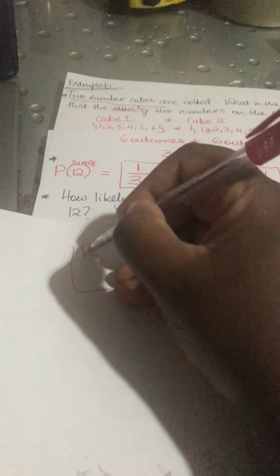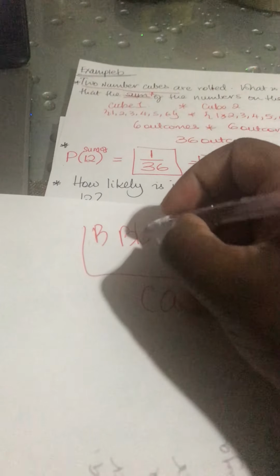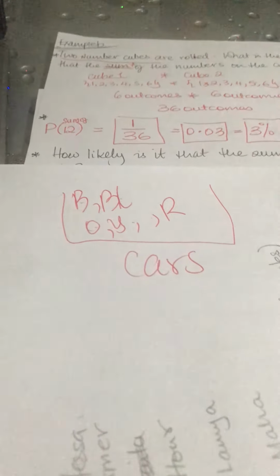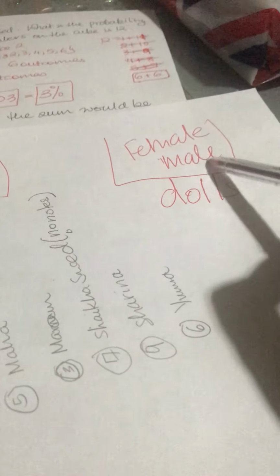So you have there. And here you have black, blue, what else you have? Orange, yellow, black, blue, orange, yellow, and red. There you go. So your cars come in these colors, your dolls come in these options, okay? We continue reading.